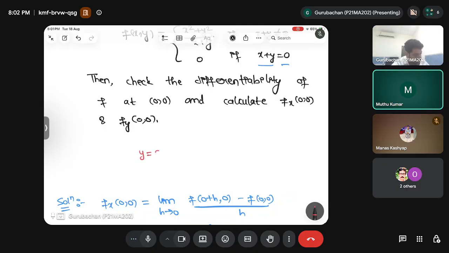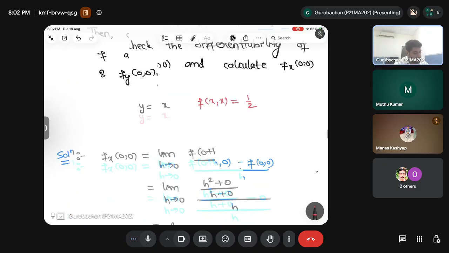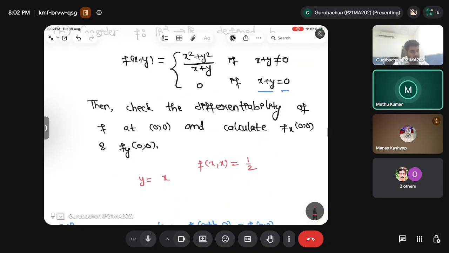Let us calculate what is the limit. If we take y equal to x, this will be 2x squared by 2x, which is x. So the limit value will be 0. So it is not continuous. No, wait. The limit value is not 1 by 2, it is 0. Is it okay? Yes. Continue.